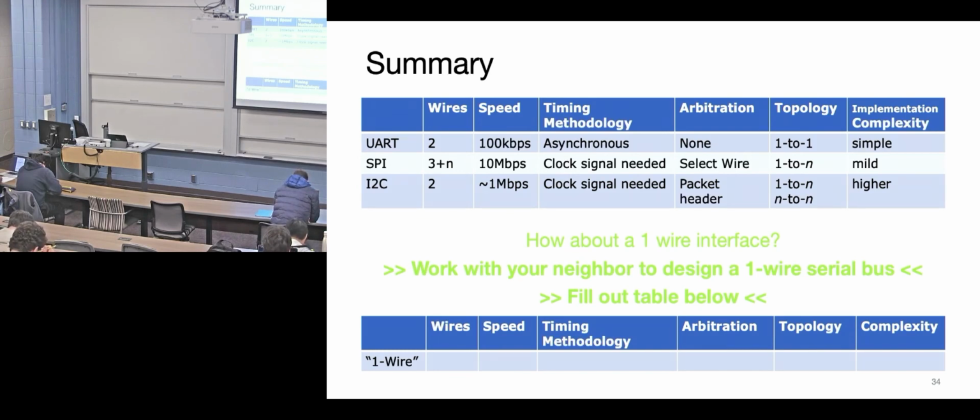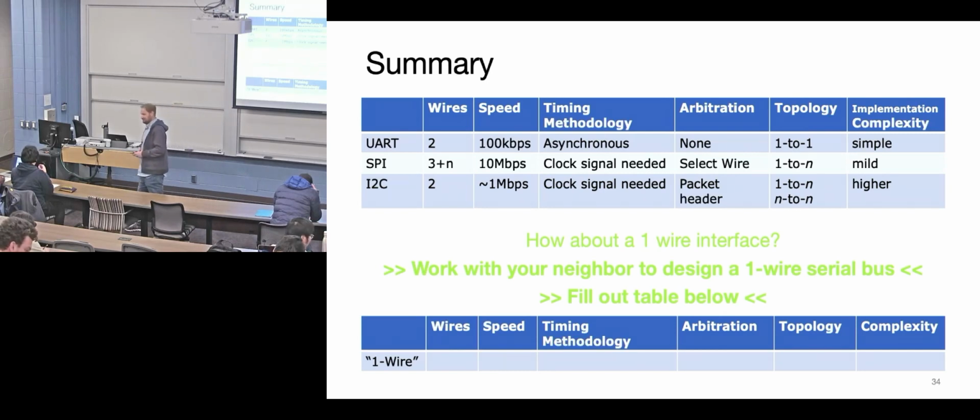Well, there's only one wire, you can't talk to anyone else. You can draw a diagram for what you think that would look like. There's one wire to multiple devices. How do you decide? Only one wire in the whole bus, it's ground and this magical wire. I think you can do topologies of one to many.